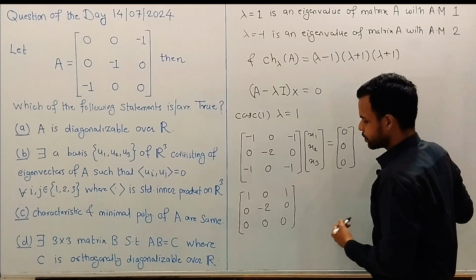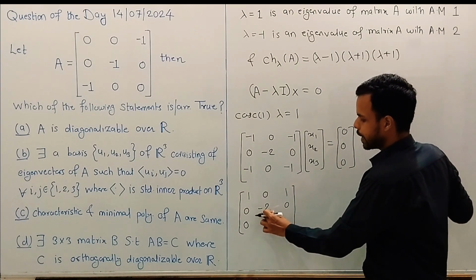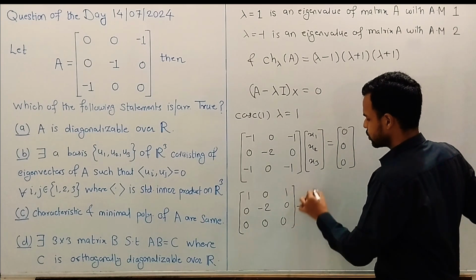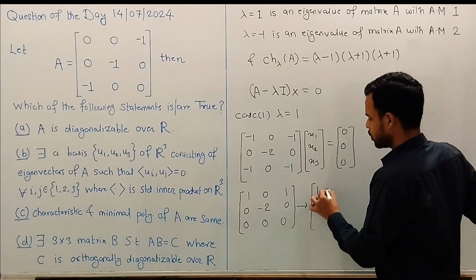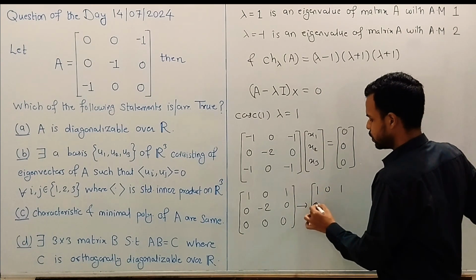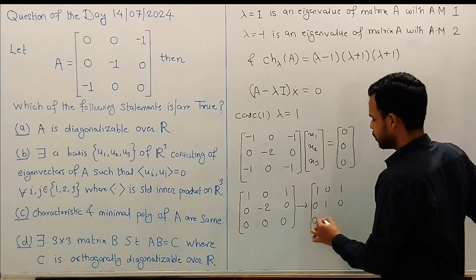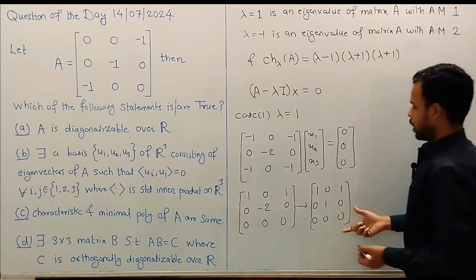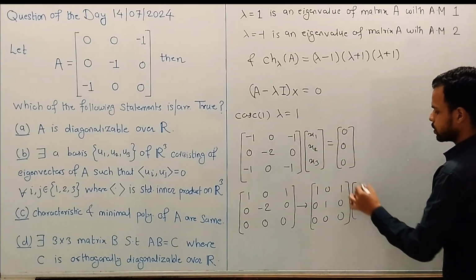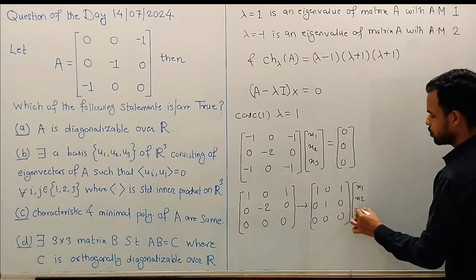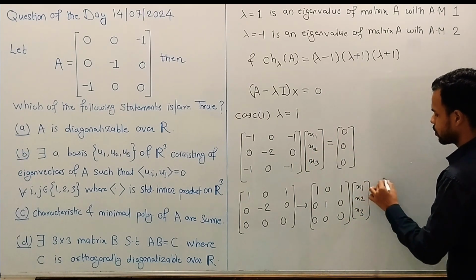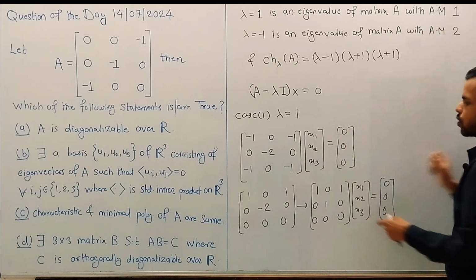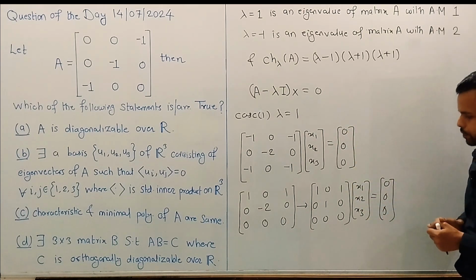In the next step, I will divide the second row by minus 2. So this will reduce to 1, 0, 1, 0, 1, 0, 0, 0, 0, with x1, x2, x3 and 0, 0, 0. This column remains the same because all entries are 0.